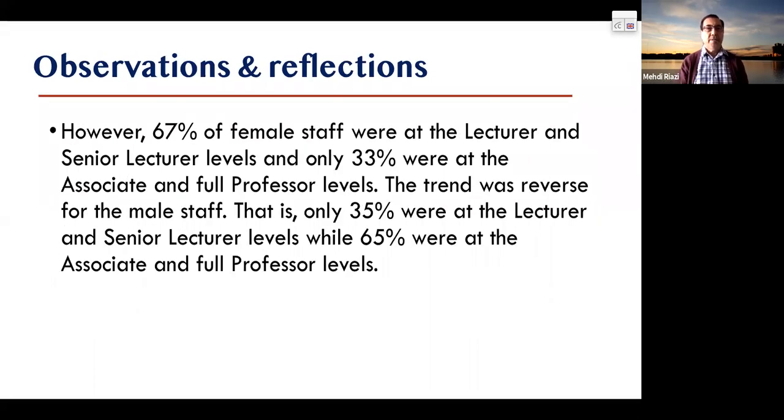However, 67% of female staff were at the lecturer and senior lecturer levels, and only 33% were at the associate and full professor levels. The trend was reversed for the male staff. That is, only 35% were at the lecturer and senior lecturer levels, while 65% were at the associate and full professor levels.